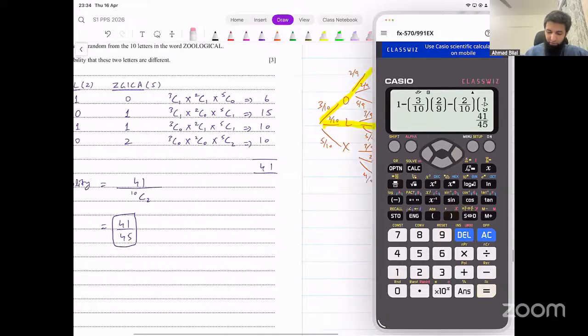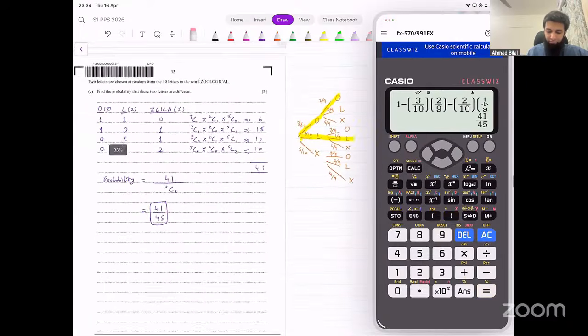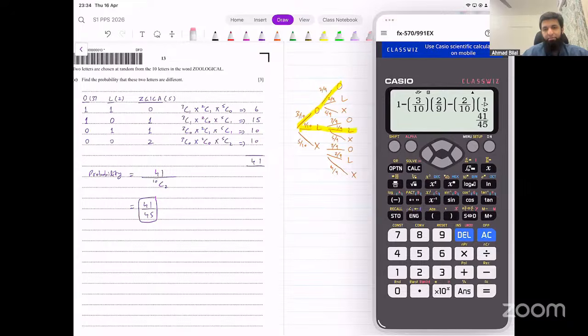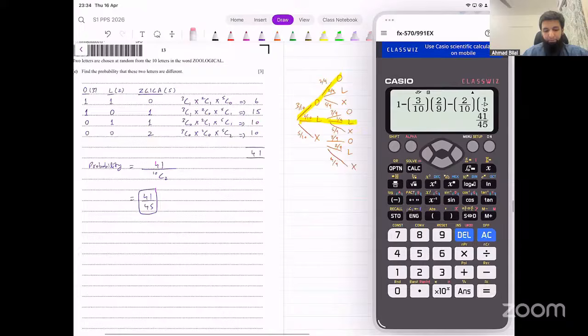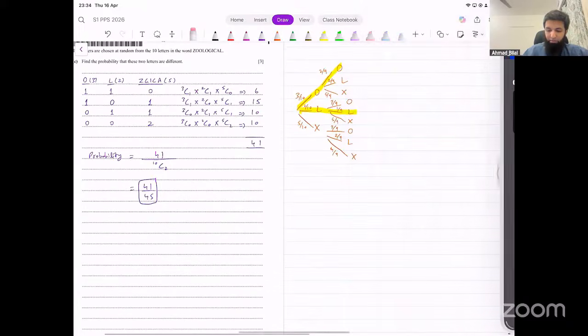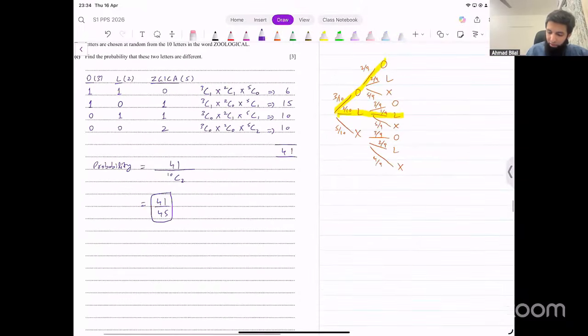And that gives us 41 over 45, the same result as before. Okay. So 1 minus 3 over 10 into 2 over 9. Also minus 2 over 10 into 1 over 9. And that is going to give you 41 over 45.